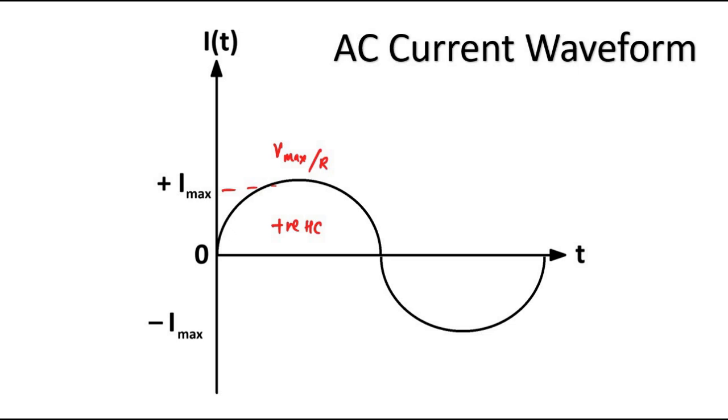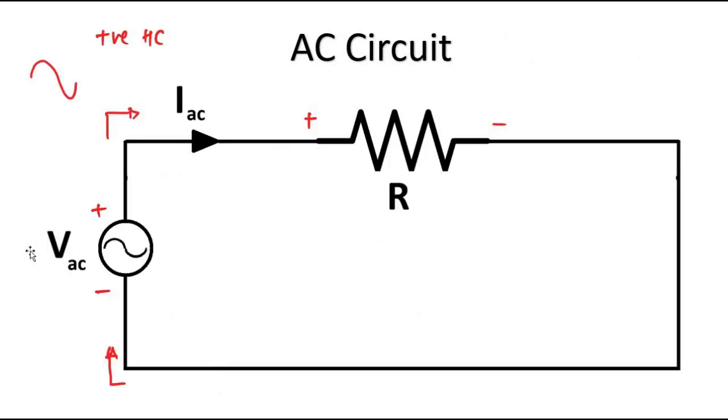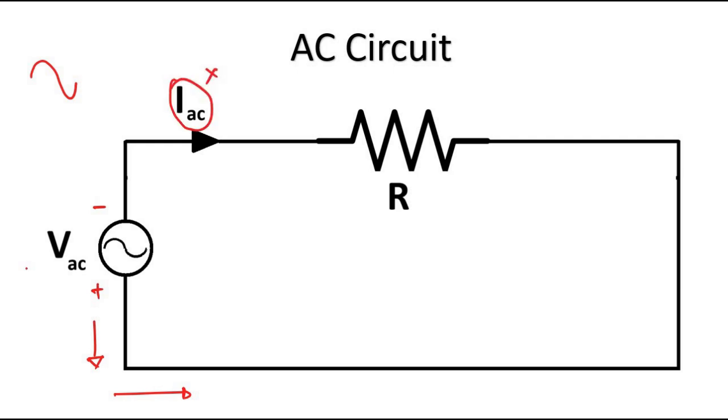Then for the negative half cycle, what happens? In the negative half cycle, the upper terminal becomes negative, and the lower one becomes positive. So now the current flows in the opposite direction. So ignore this sign. It is not valid for this case.